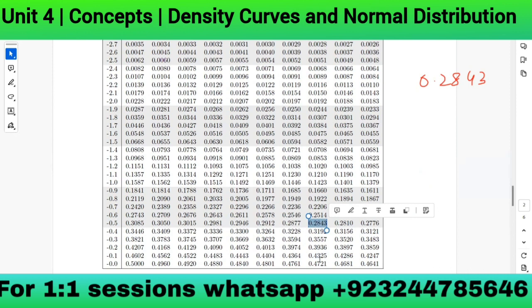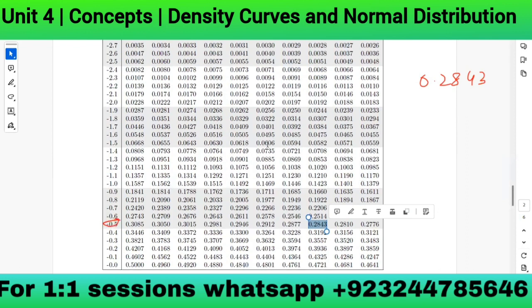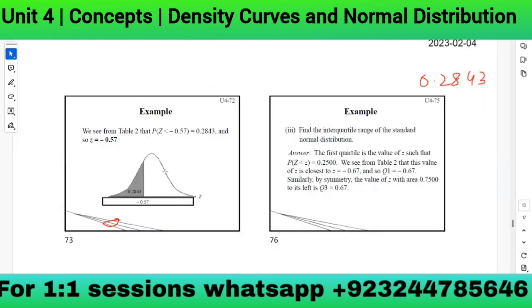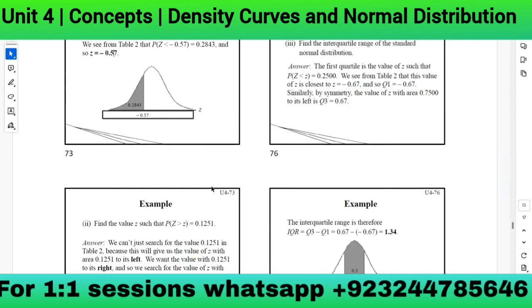So what is the value of Z over here? The value of Z over here is minus 0.5 from this side, and from the upper side, this is 0.07. So it's minus 0.57. Do you get this? Minus 0.5 and 0.07. So it would be minus 0.57. So this is the reverse case that we have done. We first find the value 0.2843 inside the table and find the value of Z.